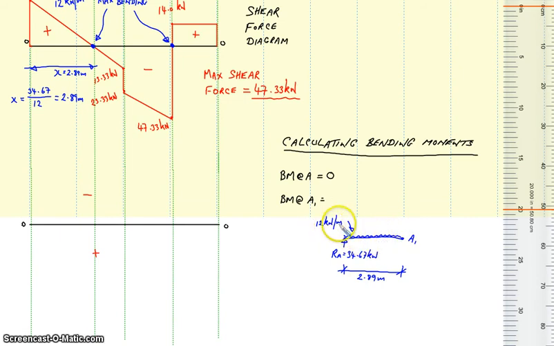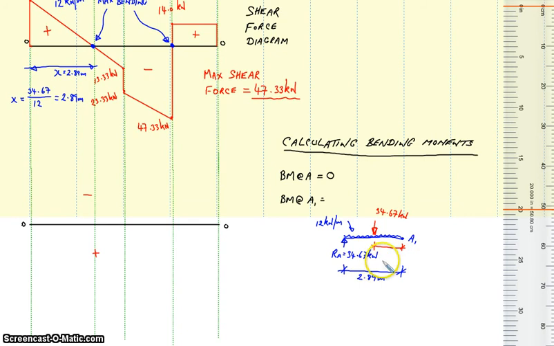So we've got 12 kilonewtons per meter, and it's over a stretch of UDL of 2.89 meters, and therefore if we multiply those two together we'll get a total load, which turns out to be 34.67 kilonewtons, and that will sit halfway along that portion of UDL.